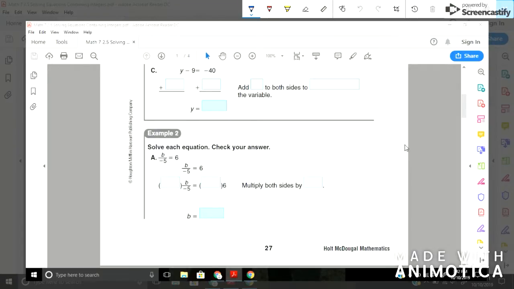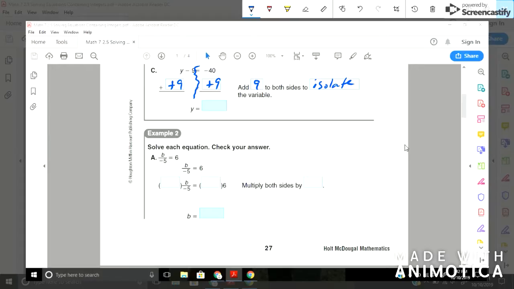So I'm trying to isolate my variable. I see y is being subtracted by 9. The opposite of that is adding 9. So plus 9, add 9 to both sides to, once again, isolate my variable.